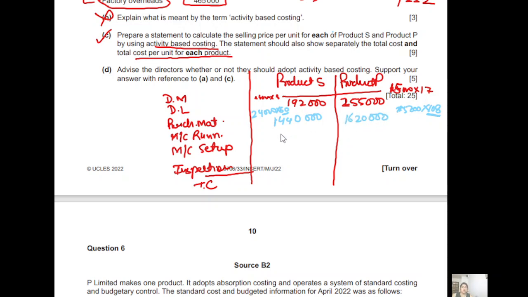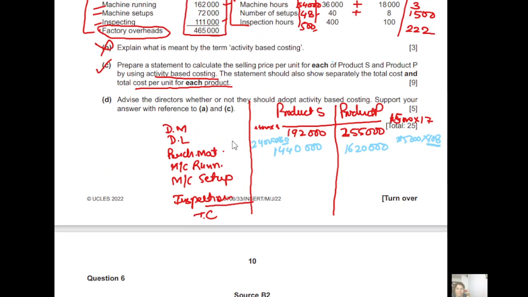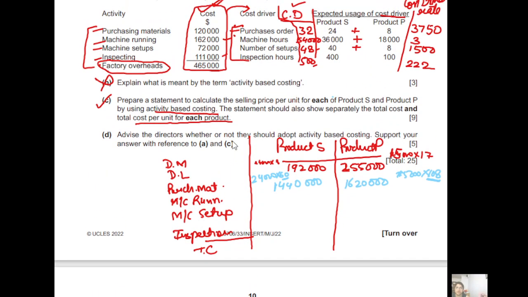After that machine running. For machine running, it is given here in the additional information related to your machine running.